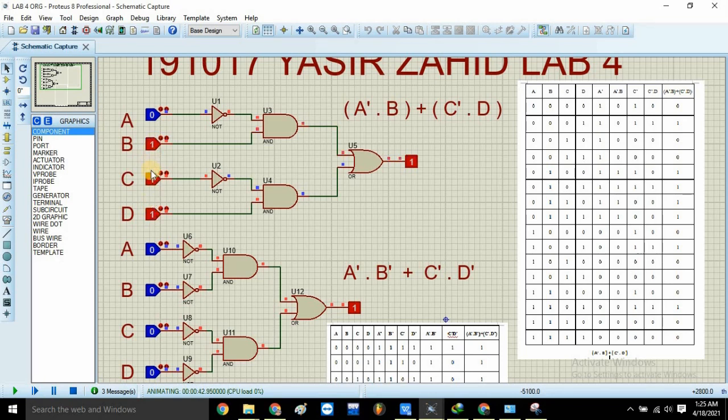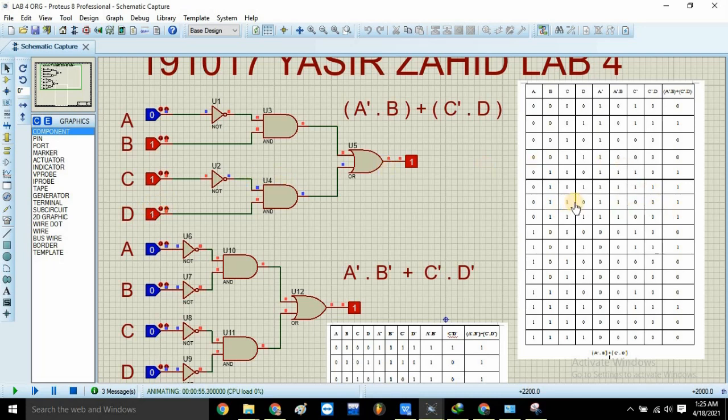At 0 1 0 0 we have 1, and for the next three numbers we have 1: 101 we have 1, 110 we have 1, 111 we still have 1.